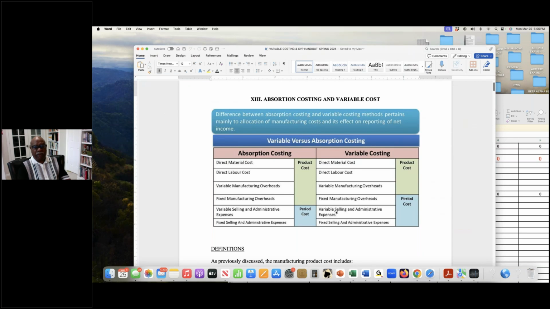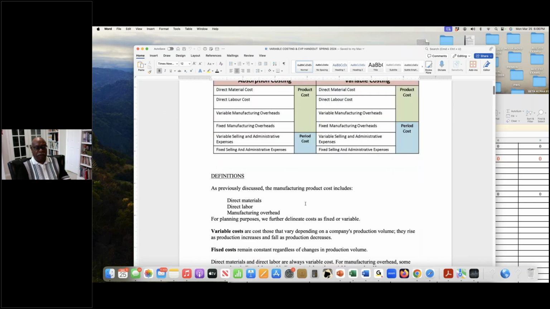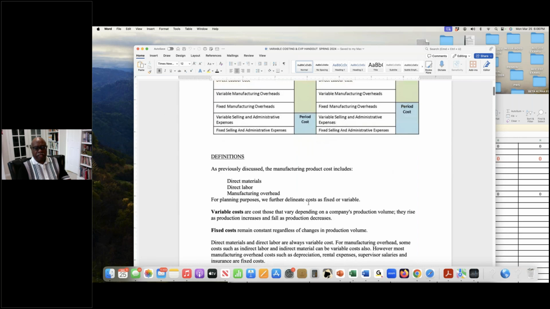But we're moving to a variable costing format where we're looking at the variable costs and the fixed costs. So in planning, we look at the variable cost and fixed cost. A variable cost varies directly with production. A fixed cost remains the same.